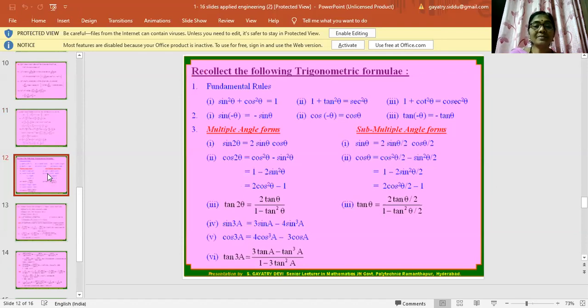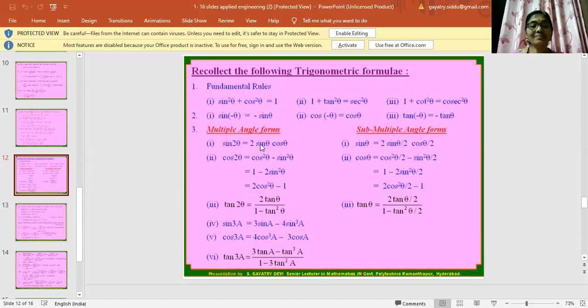Coming to minus theta forms: sin of minus theta equal to minus sin theta, cos of minus theta equal to cos theta, and tan of minus theta equal to minus tan theta. The very special formula of cos, cos of minus theta equal to cos theta, gives more comfortable formulas in the multiple angle and submultiple angle forms.